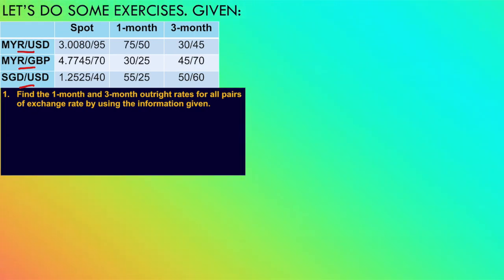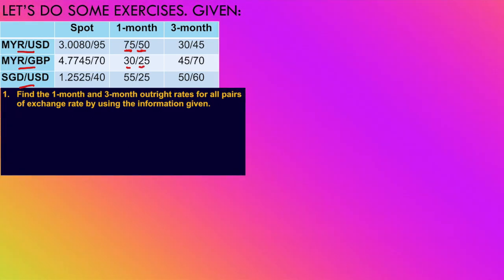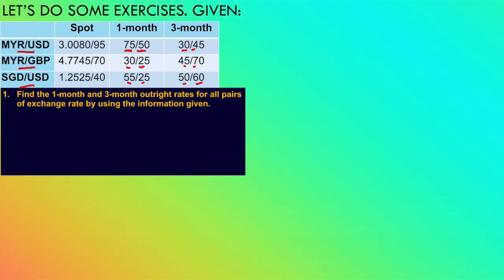Okay, so identify the bid and ask. If the bid greater than ask rate, you have to minus. For this one, also you have to minus, and this one also you have to minus. For this one, you have to add, and add.